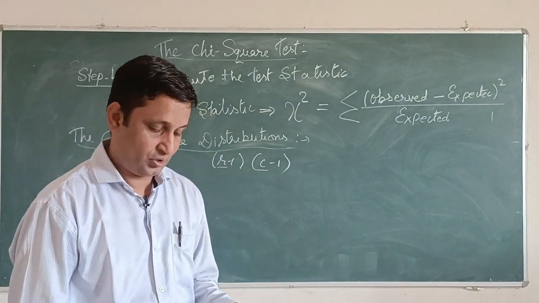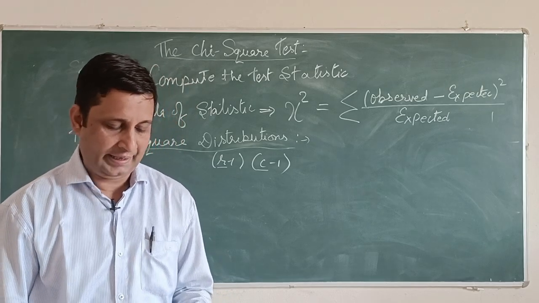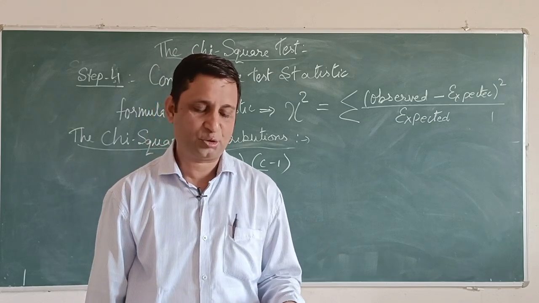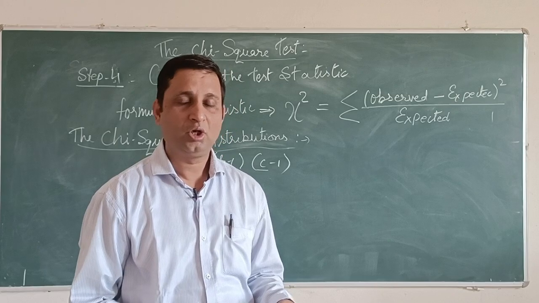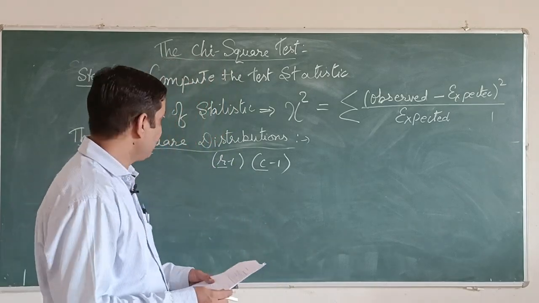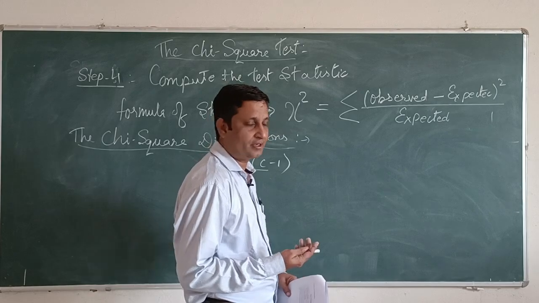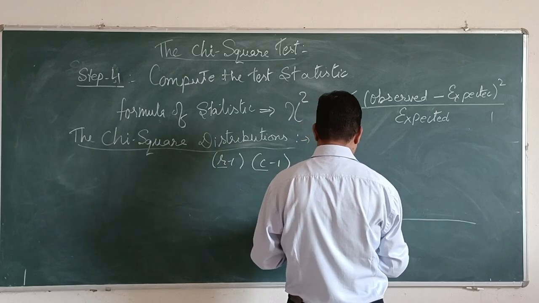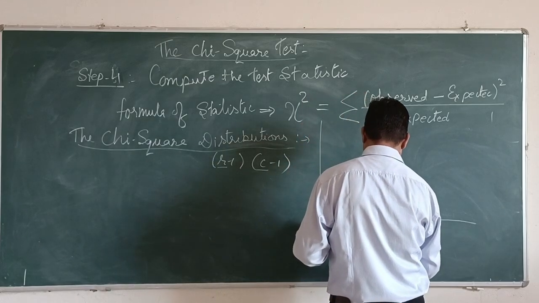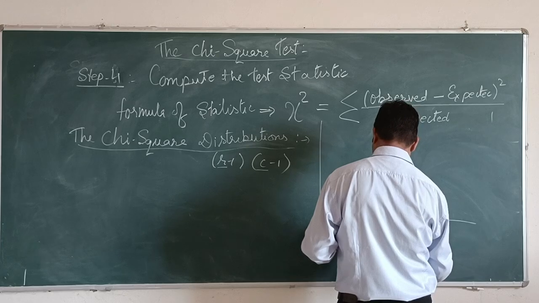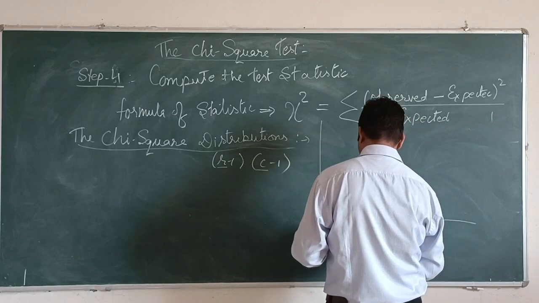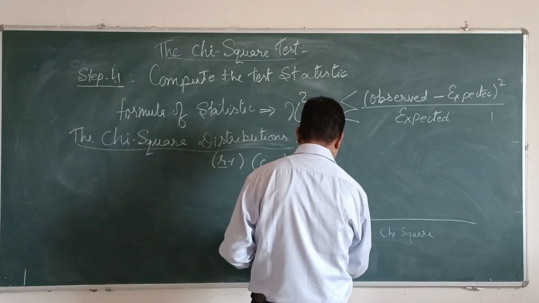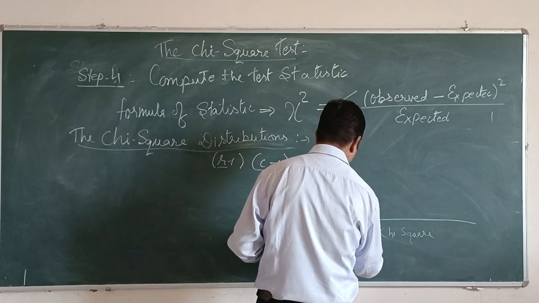The P value is the area under the density curve of this G-square distribution to the right of the value of the test statistic. We can easily understand this by making a graph between the G-square value and the statistic curve.